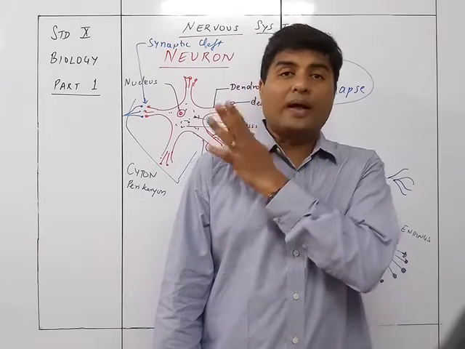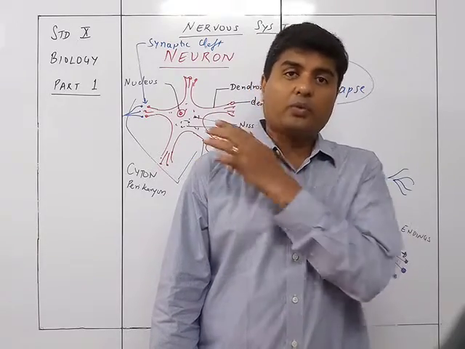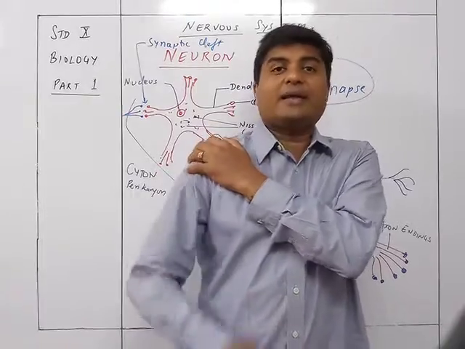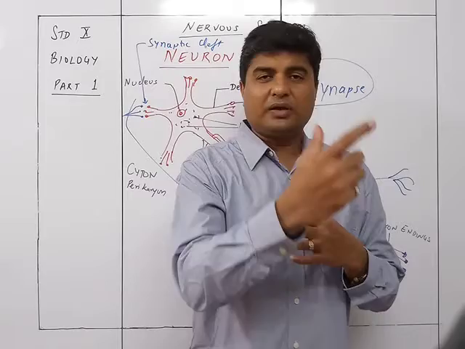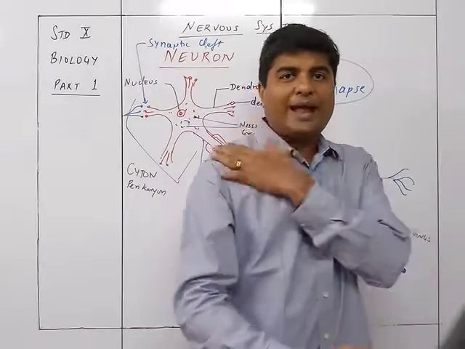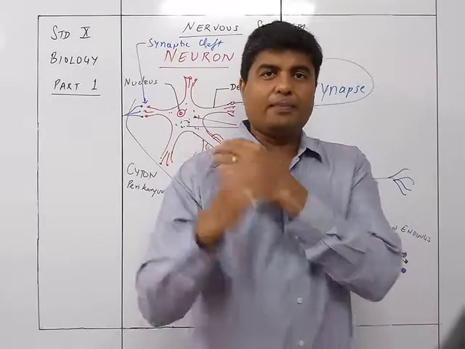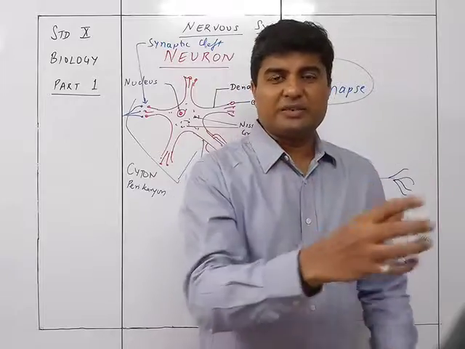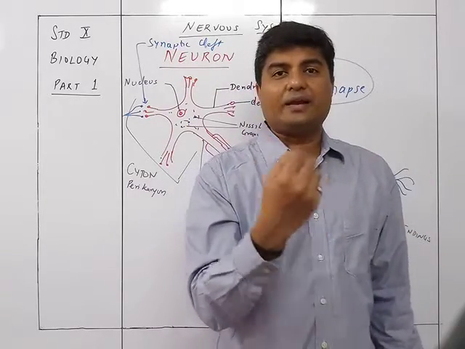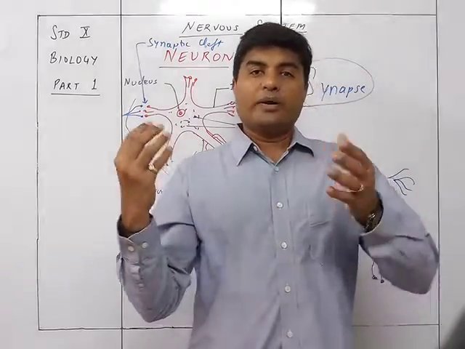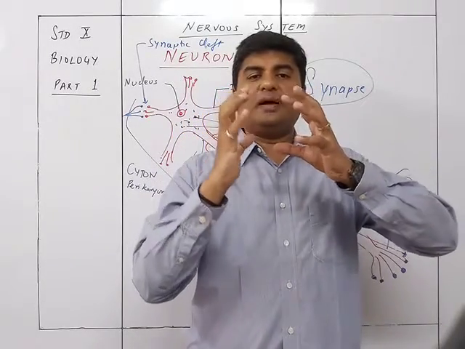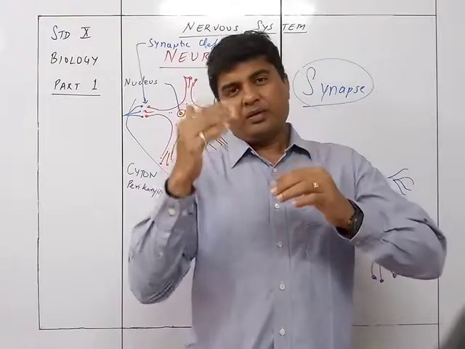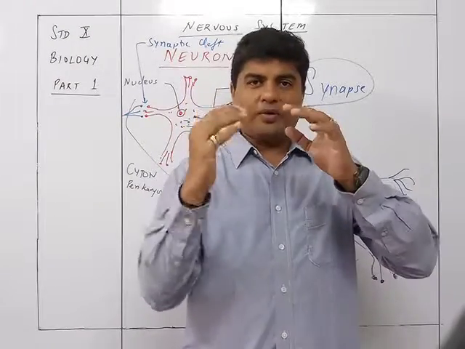Why is that so? When you are holding, there is a continuous flow of impulses. When you are tapping, there is a continuous breaking of the impulses. One tap, some impulse sent, another tap, another impulse sent. When impulses are sent, there is a synapse between these two, a jumping over of the impulses from here to here.